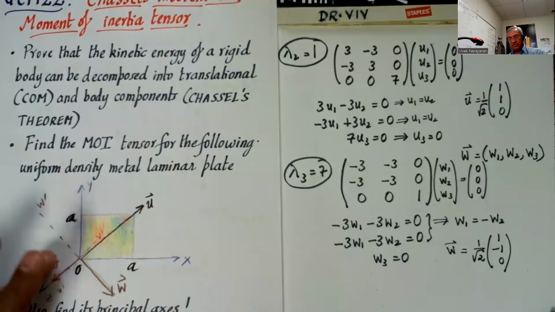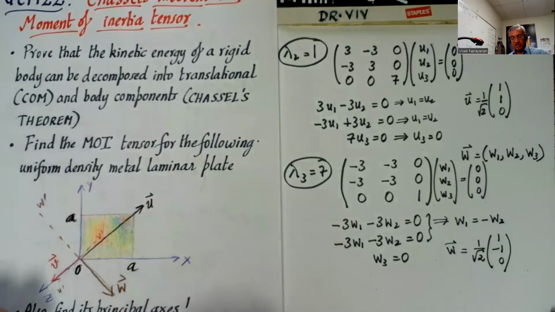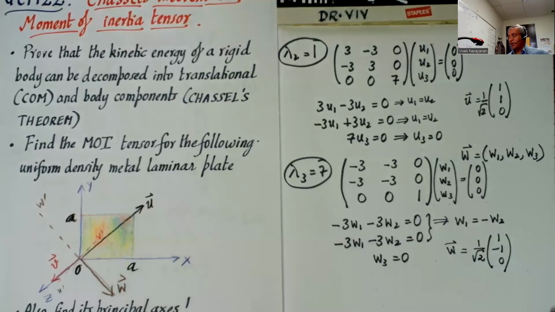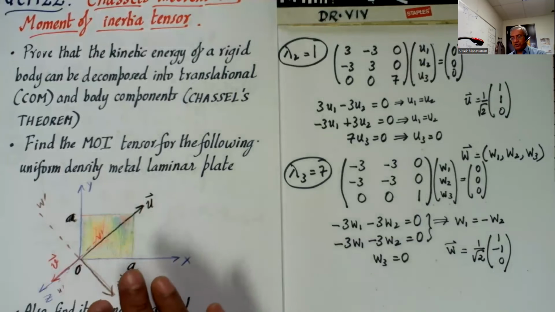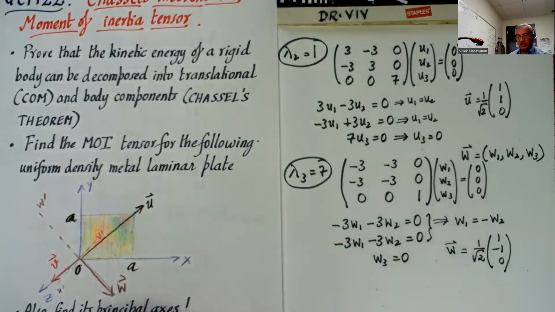So these two axes, the W axis is associated with degree of difficulty 7, V axis degree of difficulty 8, and the U axis degree of difficulty 1 with the moment of inertias. So in that axis system, the moment of inertia tensor is completely diagonalized with the diagonal elements being 8, 1, and 7. So that completes all the parts of our problem.